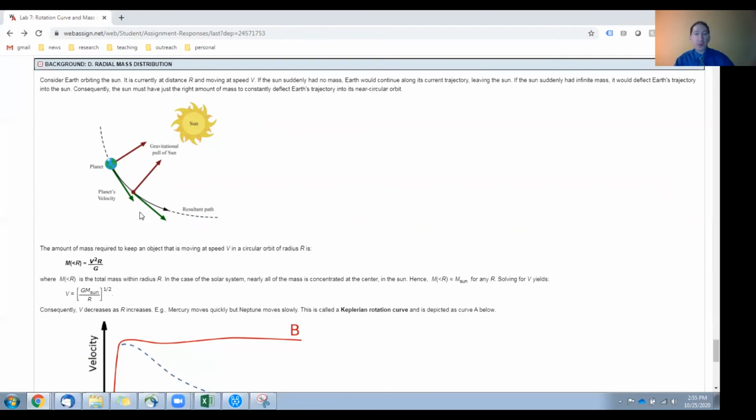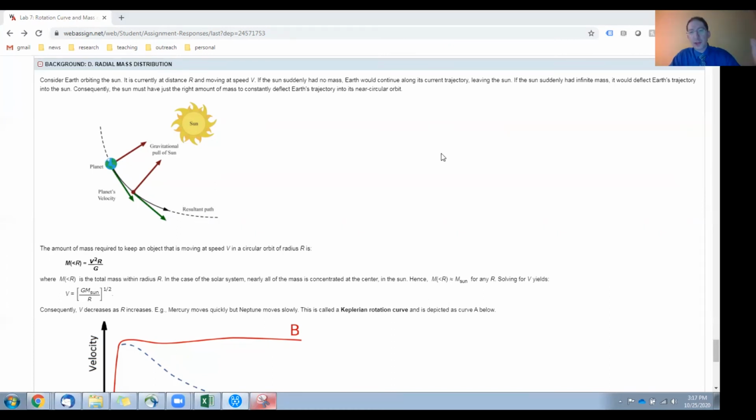If the mass of the Sun were to become suddenly much greater, we would again deviate from a circular orbit and spiral in towards the Sun.